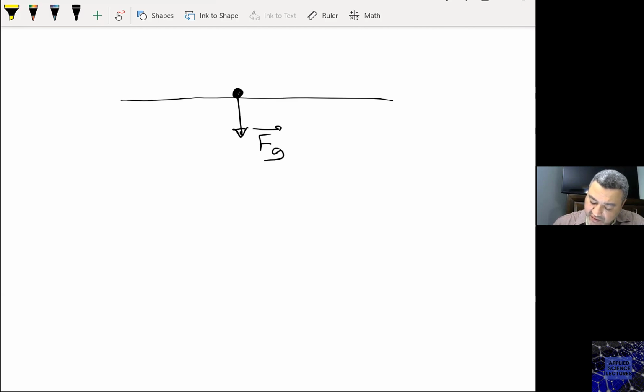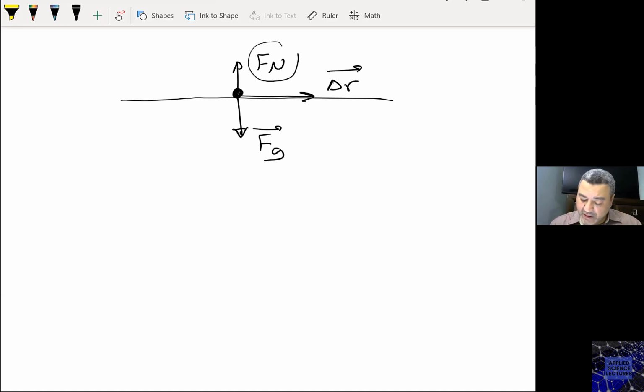This is the Fn, right? In this case, since the normal force is perpendicular on the displacement vector, then the work done is zero.